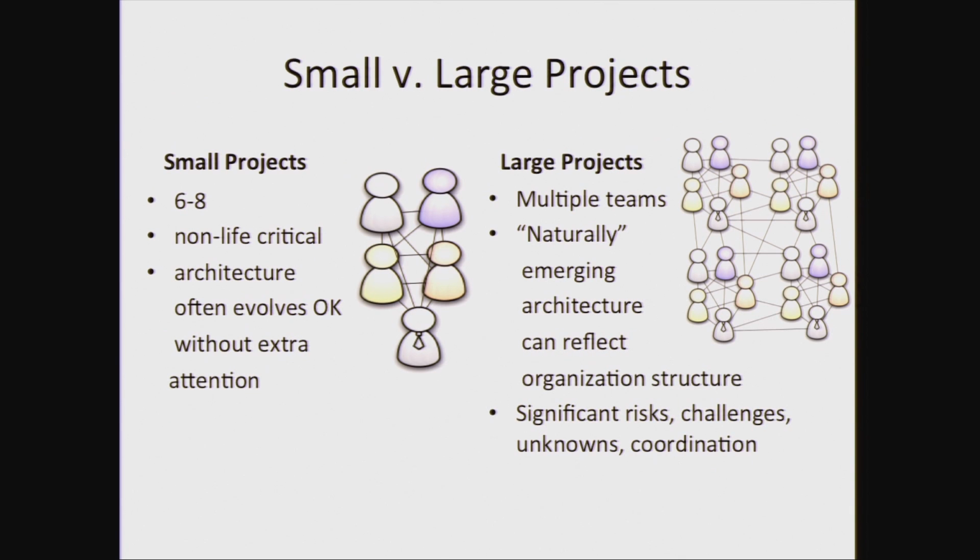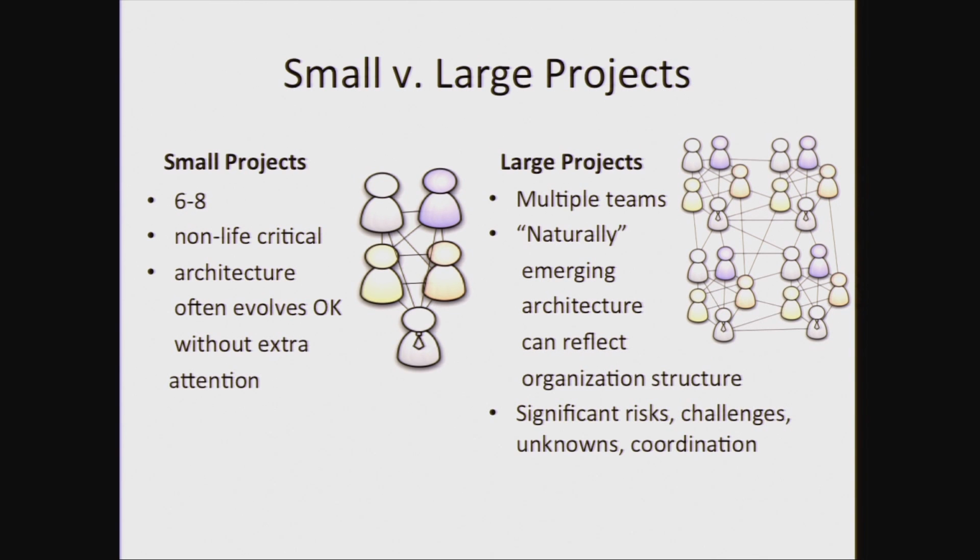Now, given that, I'm going to talk about small team practices and larger team practices that I have seen. So what's small? Given that we've thought about Alistair's grid, you could talk about the size, but you can also talk about the complexity or the criticality as well. But small projects are typically 6 to 8 people.